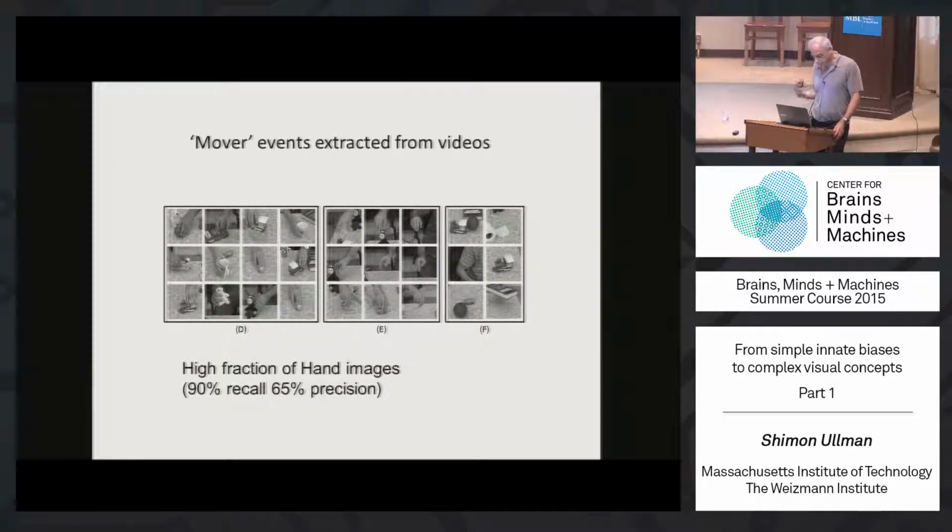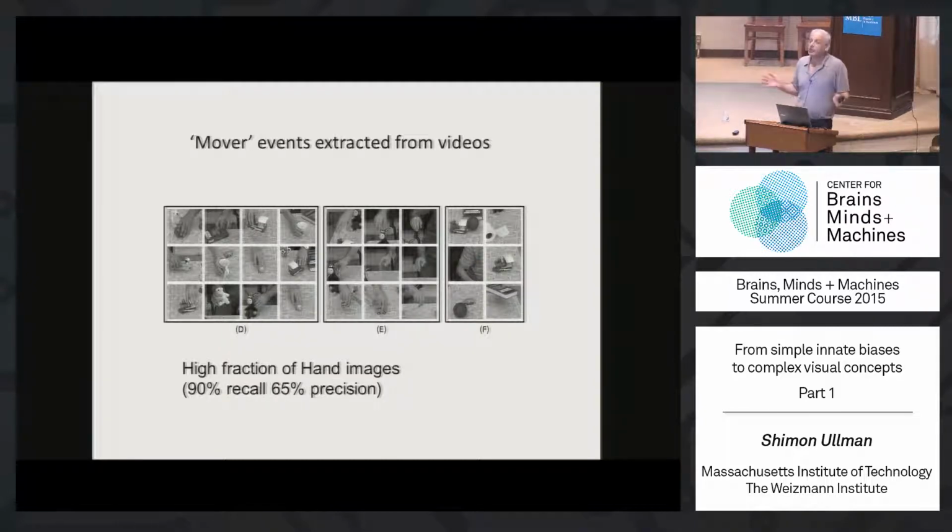It's actually surprising that if you look at all the occurrences of hands touching objects, 90% of them in this whole collection of videos were captured, and the accuracy was 65%. So there were some false alarms, but the majority were fine. What you end up with is a large collection which is mostly composed of hands.